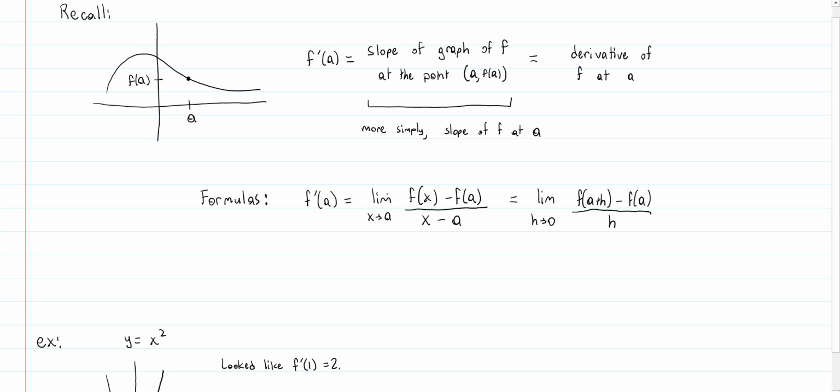So it's the limit as x approaches a of f of x minus f of a over x minus a. And then equivalently, you can also compute it using this formula instead. The limit as h approaches 0 of f of a plus h minus f of a over h.